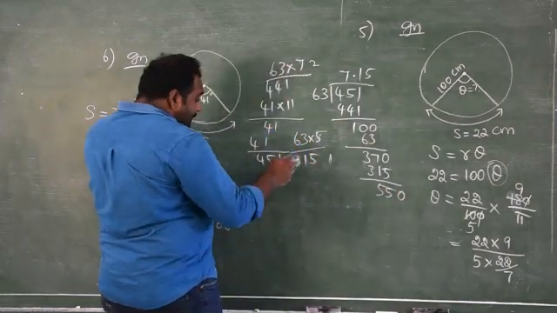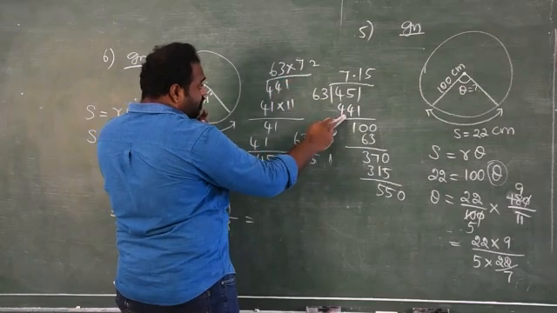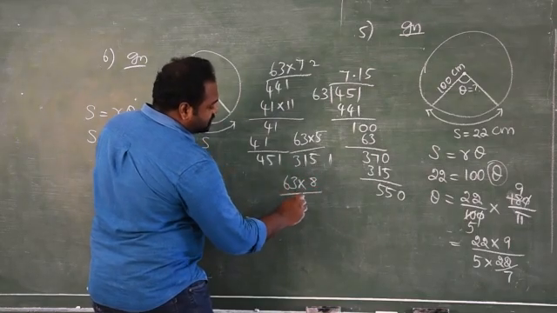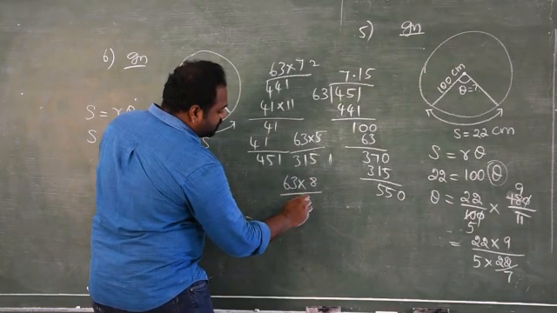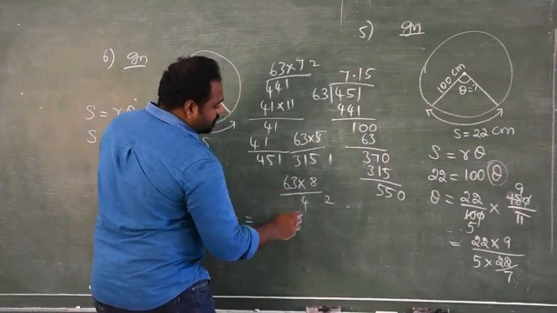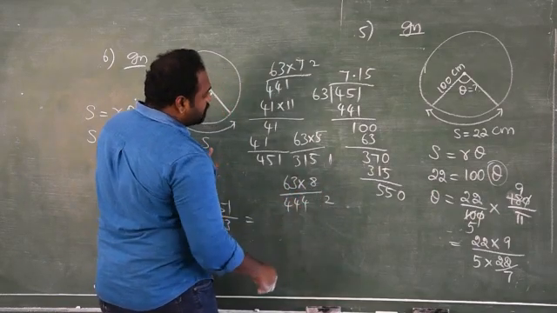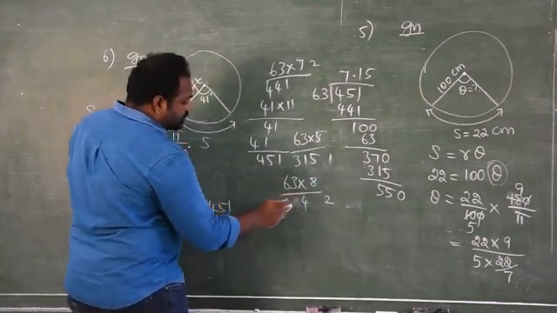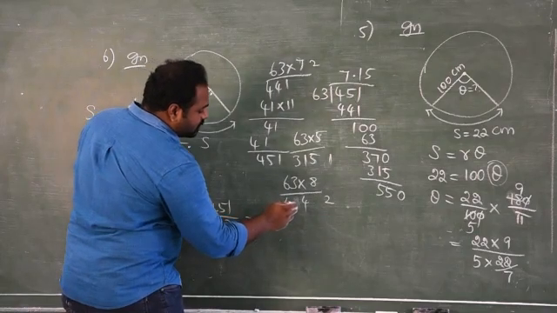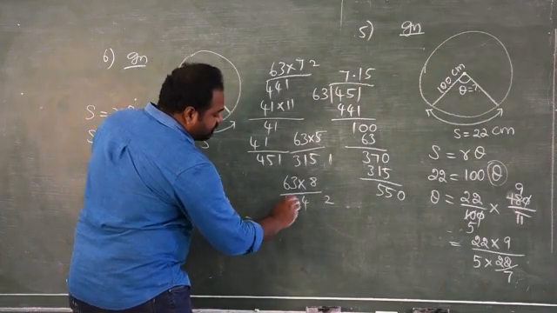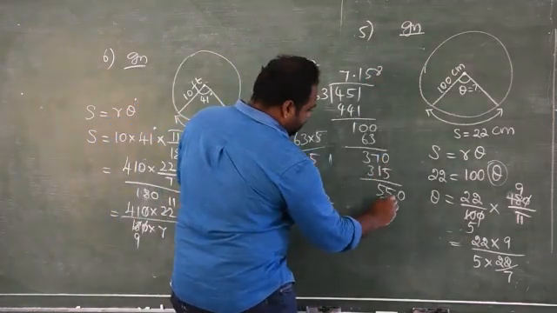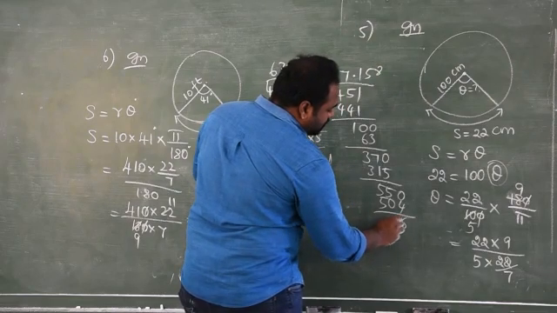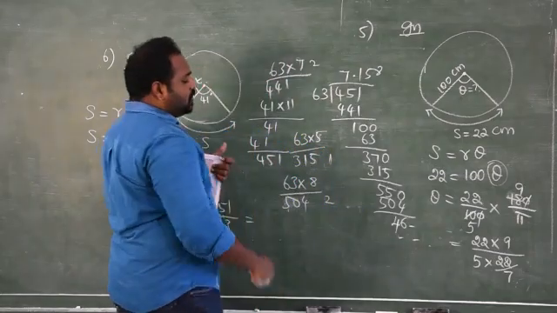Once again a 0. Already 7 times 441, then 8 times, 63 into 8 is 504, remaining 6, and it goes on.